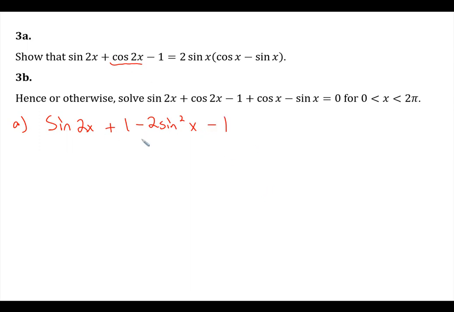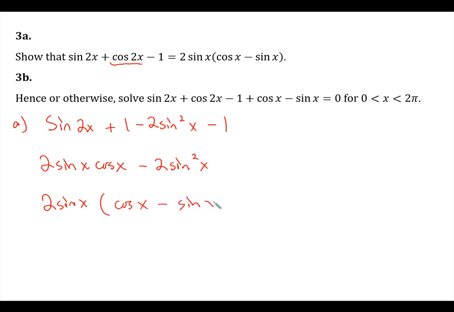And then if I take out this sine double angle and replace that one as well, that's 2 sine x cosine x, then these ones cancel, and I get minus 2 sine squared x, right? And then take out the GCF, which is 2 sine x, so that would leave me with cosine x minus sine x, which is what we were trying to show right here. Okay, so that's part A.